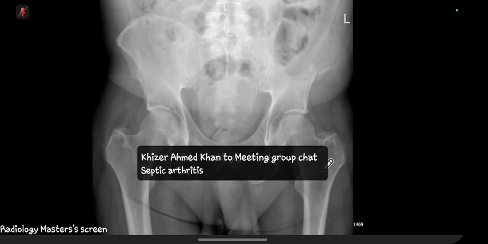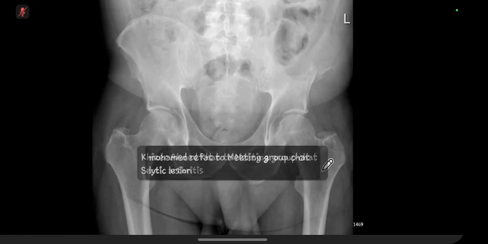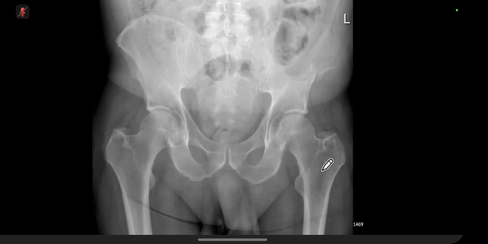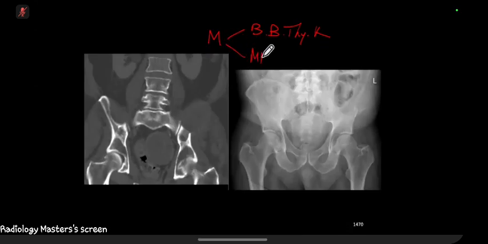Yeah, there's a destructive lesion of the iliac bone, and whenever you consider a destructive lesion, always think metastases: breast, bronchus, thyroid, kidney. Okay, and don't forget myeloma and lymphoma.